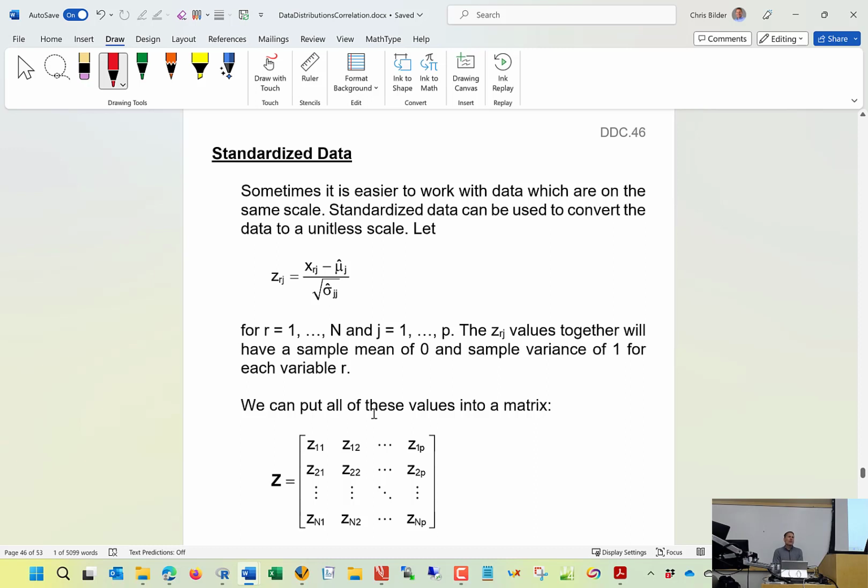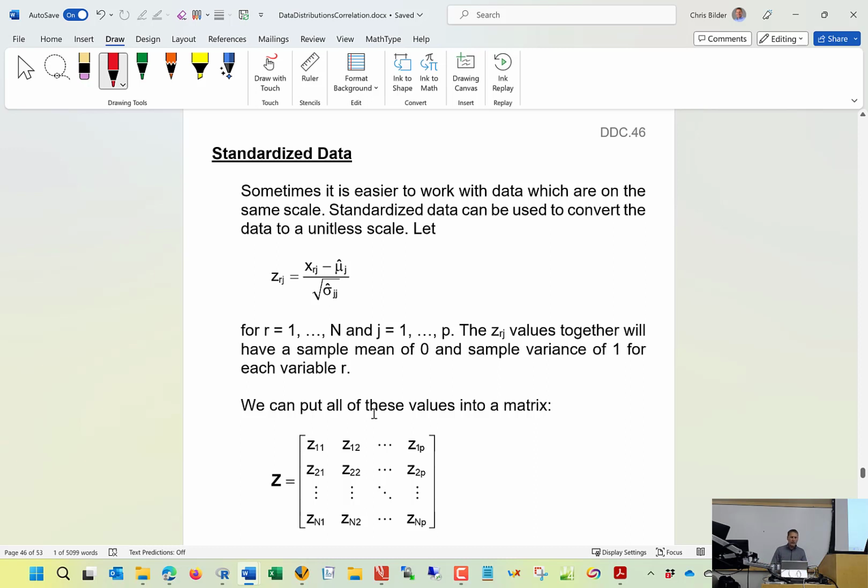So for example, with our cereal data, we have sugar that's measured in grams. We have sodium that's measured in milligrams. But if I want to make comparisons between sugar and sodium, they're in two different units. So perhaps we can somehow transform those two variables to a unitless scale.